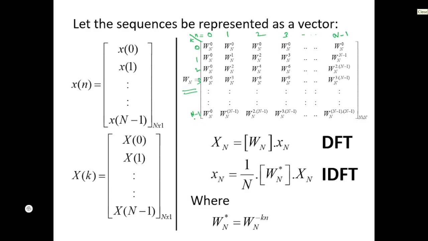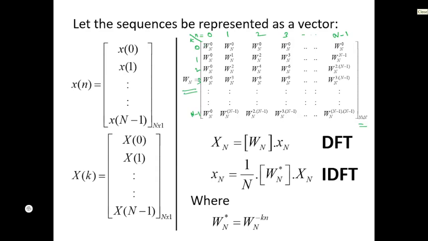Both will be symmetric, because if we are taking say 4 signal components in the time domain, we will be getting 4 frequency domain components. So both the values of k and n will be the same. So the matrix that you will be getting will have N cross N dimension, capital N cross N, which is the length of the signal.